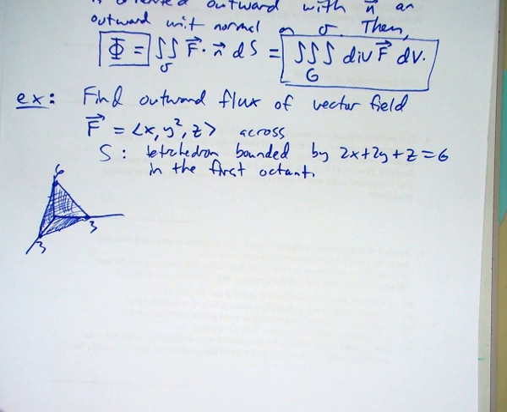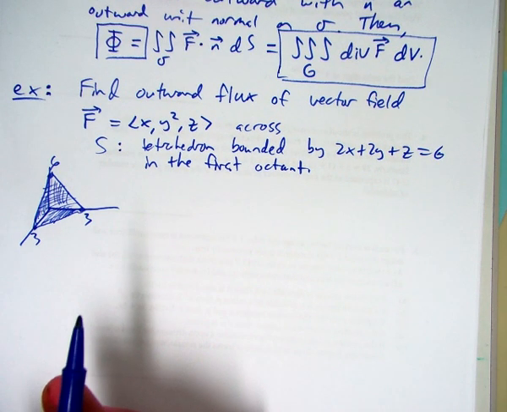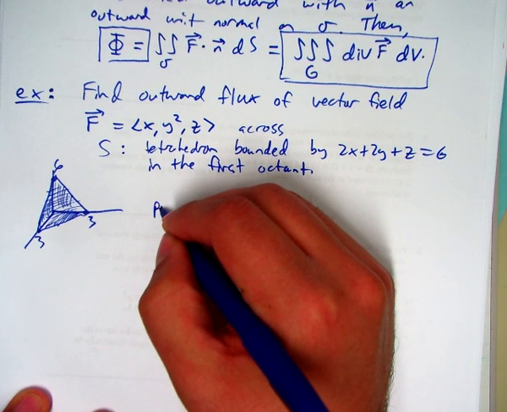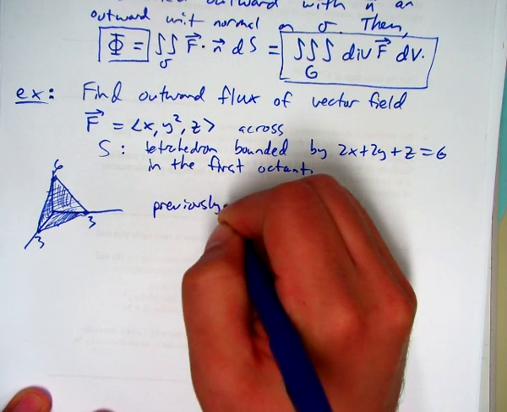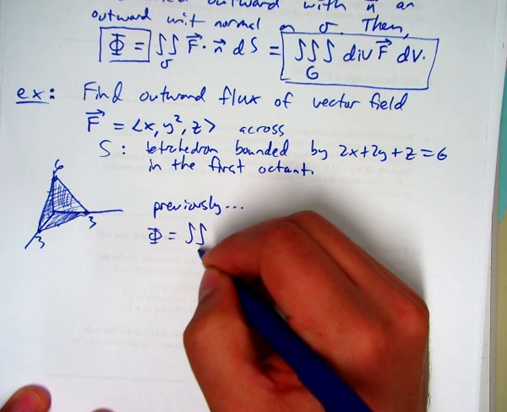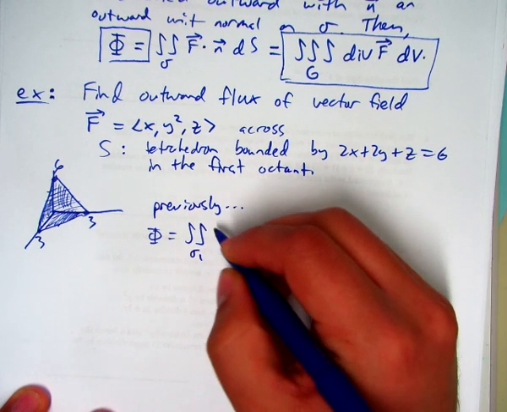If we were to find flux, there would be 4 surfaces we'd have to take into account. Does that make sense? So the old-fashioned way, we'd have to say that the flux would be a surface integral over 4 surfaces.